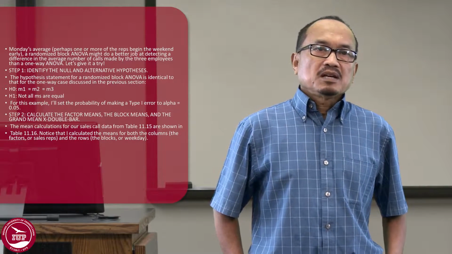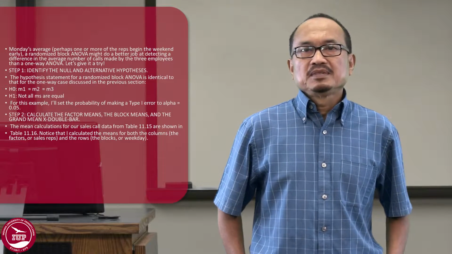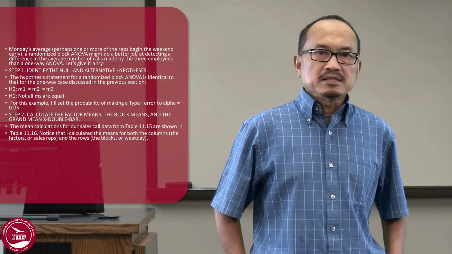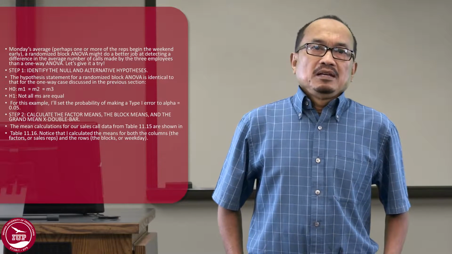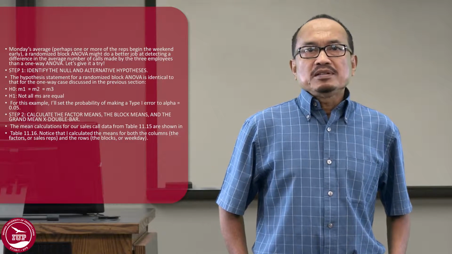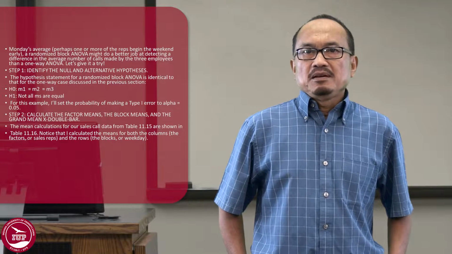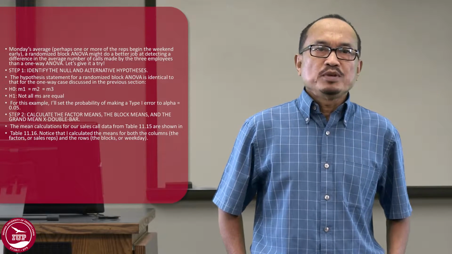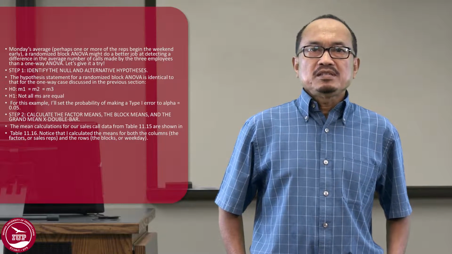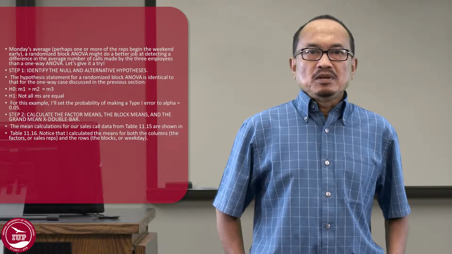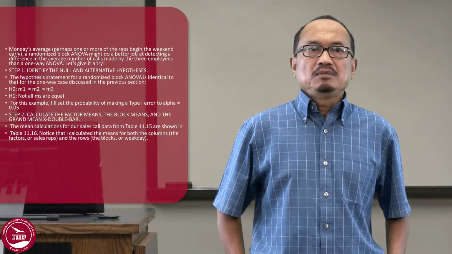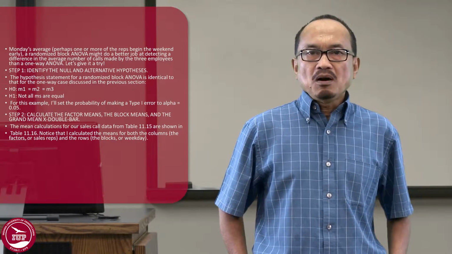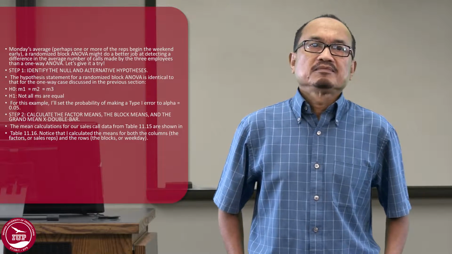Step 2. Calculate the factor means, the block means, and the grand mean, X double bar. The mean calculations for our sales call data from table 11.15 are shown in table 11.16. Notice that I calculated the mean for both the column, the factor or sales rep, and the row, the block or weekday.